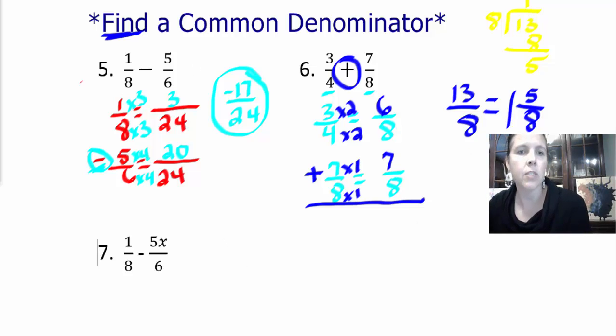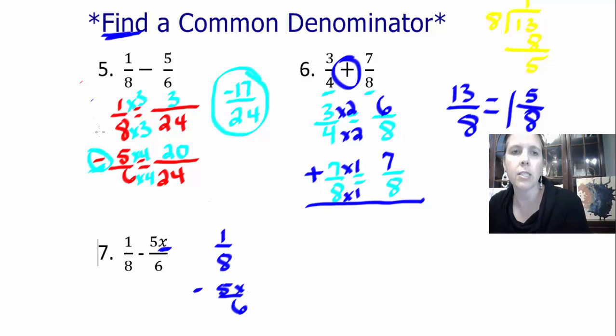All right, as we do the next one, now this one has an x in it, but don't let that stress you out, because those aren't the numbers we have to deal with. We have 1/8 minus 5x over 6, so it's very similar to the one up here, except that we have an x now. What is our common denominator? It's still going to be 24.